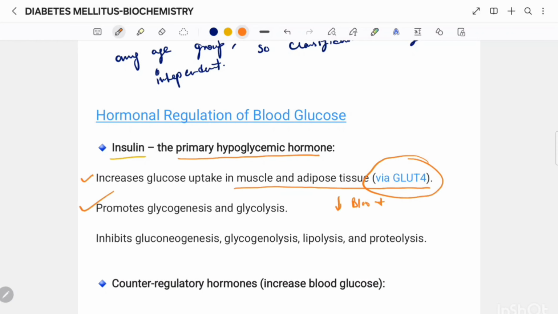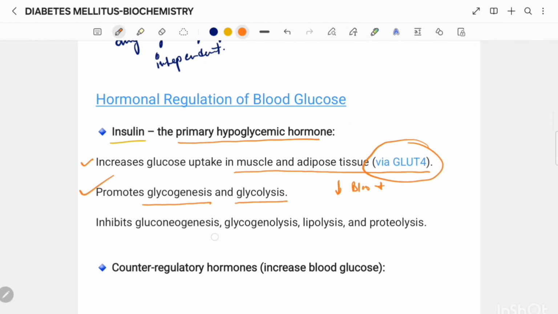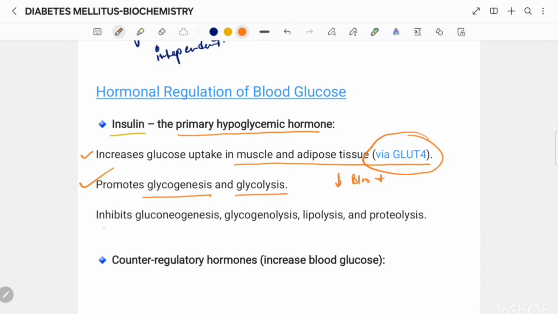Second, it promotes glycogenesis and glycolysis. Third, it inhibits gluconeogenesis, glycogenolysis, lipolysis, and proteolysis.